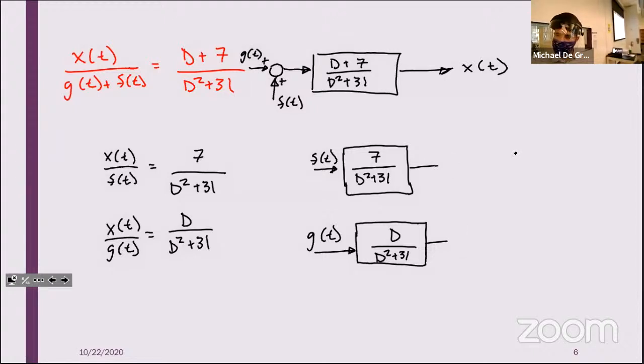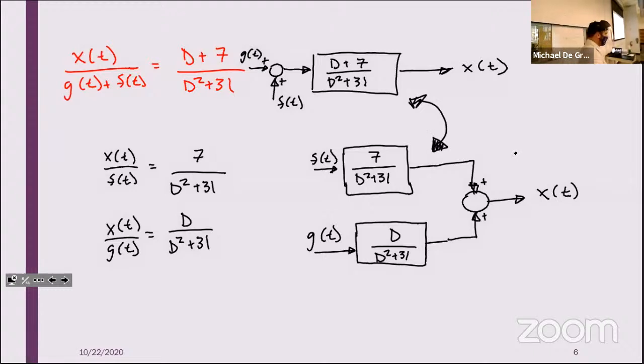Since these are two parts of the same whole, you have to add f and g together, right, to get the actual x of t, the total system level. Both of those are equivalent, right?